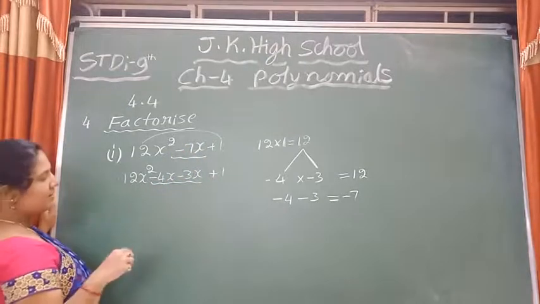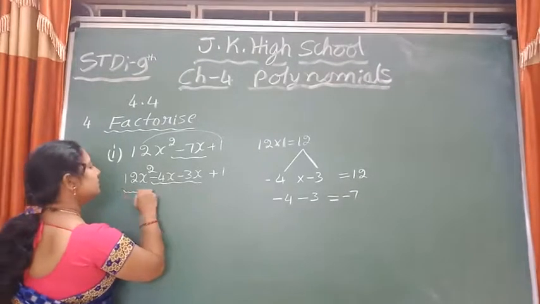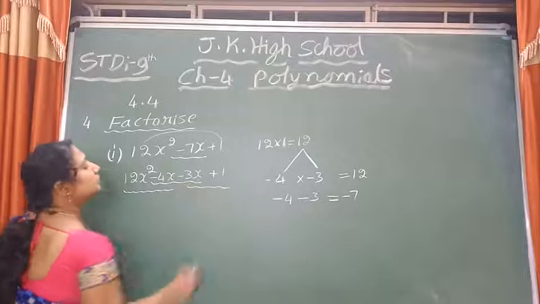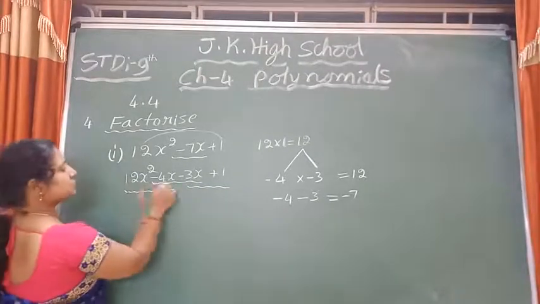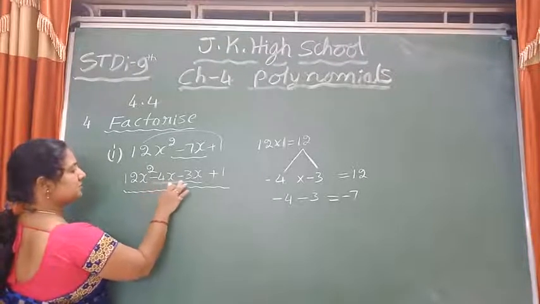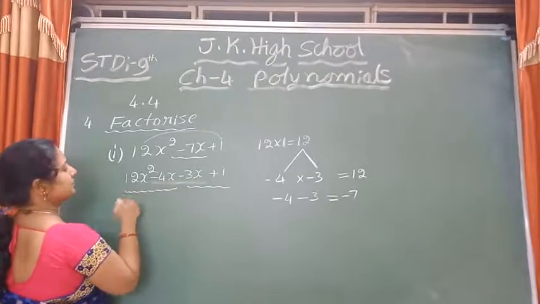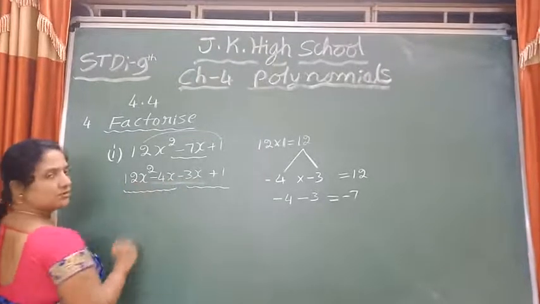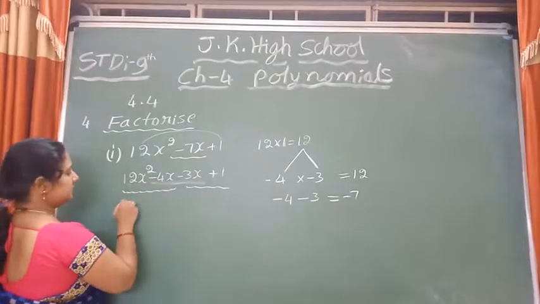So then, after this step, you have to group two terms. In these two terms now, you have to check which is the common term. 12 it comes in 4 table.